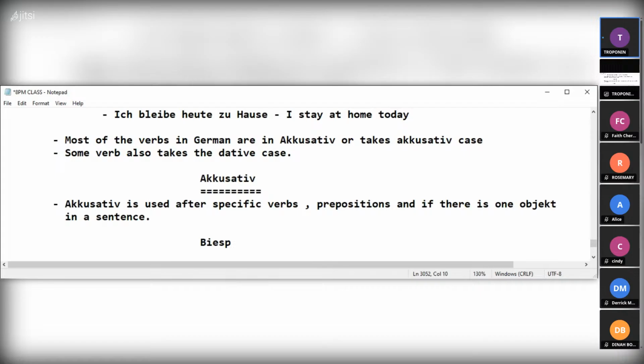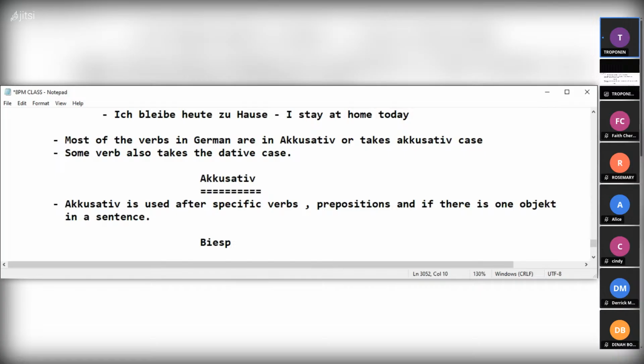So let's break it down. I said the verb, and people are saying, oh verb, oh verb. Let's see. Das Kind is subject, and subject is nominative.